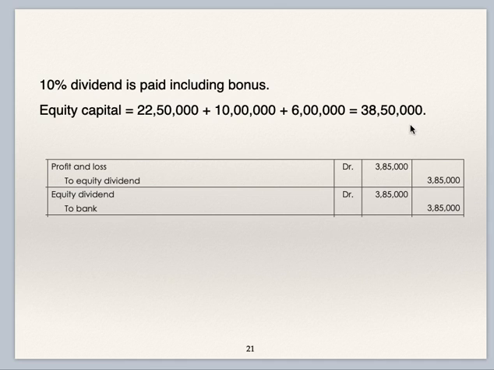Total capital is 38 lakhs 50,000. 10% dividend is to be calculated on this equity capital of 38 lakhs 50,000. Profit and loss account debit to equity dividend. This is to show dividend due, and payment of dividend, equity dividend to bank. 3 lakhs 85,000, which is 10% of 38 lakhs 50,000.